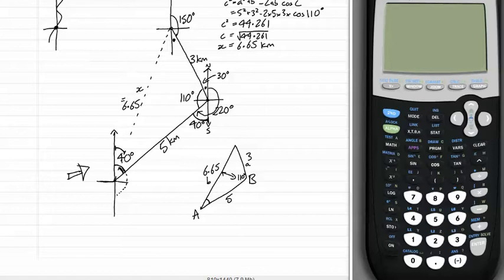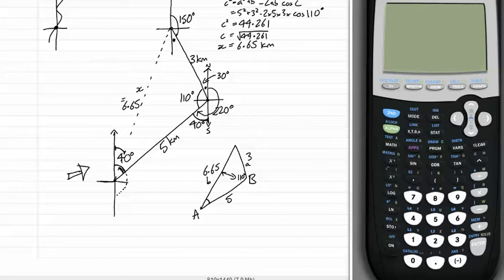And for once we get to use the sine rule. We could use the cosine rule, of course, if we wanted, because I've got 3 sides and I want an angle. We might as well get some practice with the sine rule.